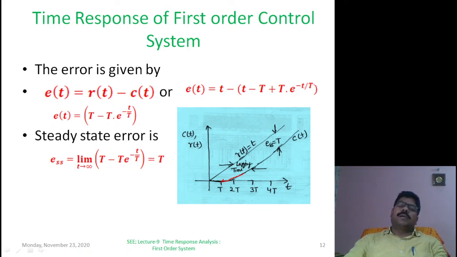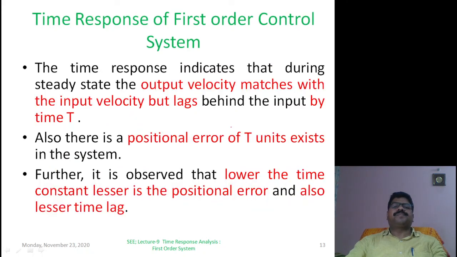Not only will the time lag be smaller, but the steady state error will also be less. So it is very important to see the time constant of the system. If the time constant of the system is lower, the error at steady state will be lower, and not only the error but also the time lag of the system.